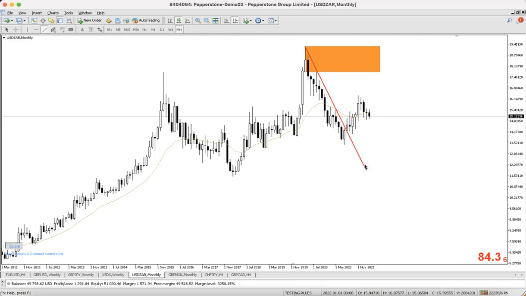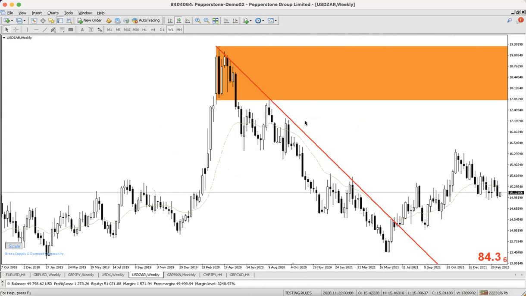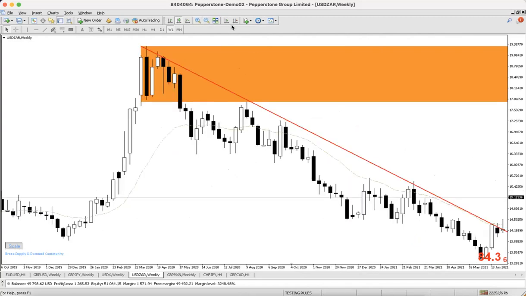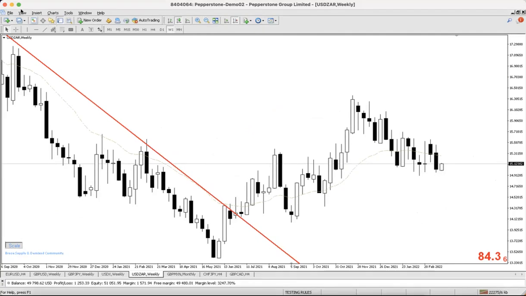We are here on the monthly. What about the weekly time frame? On the weekly time frame, rally, base, rally up. Okay. We are here.